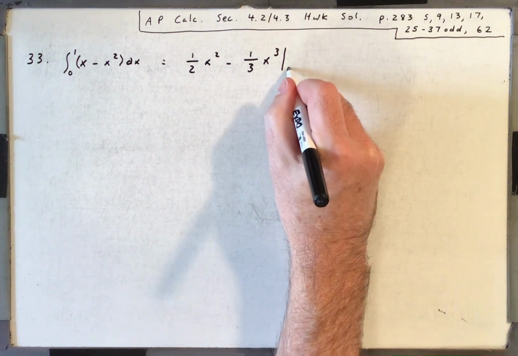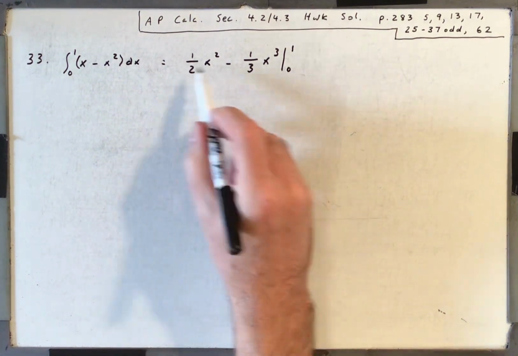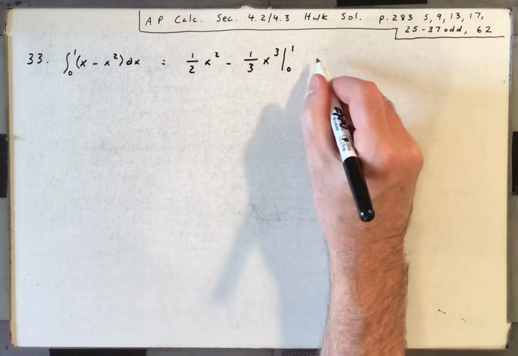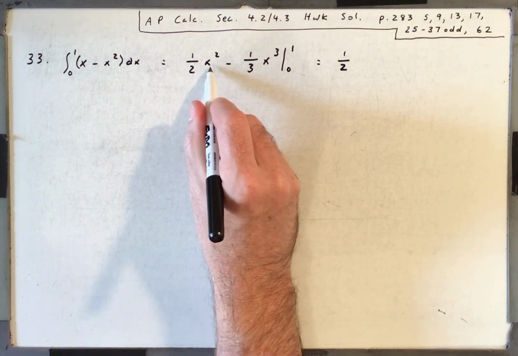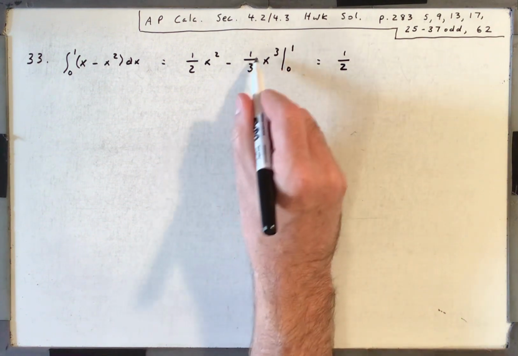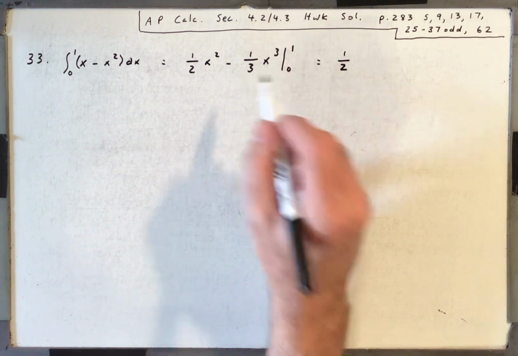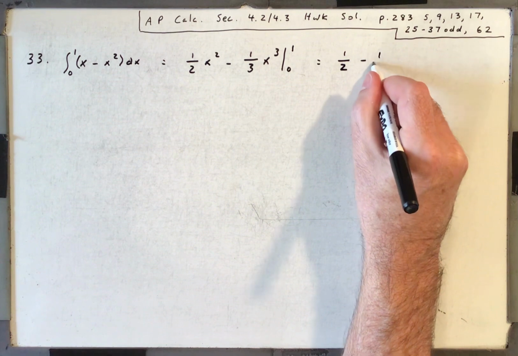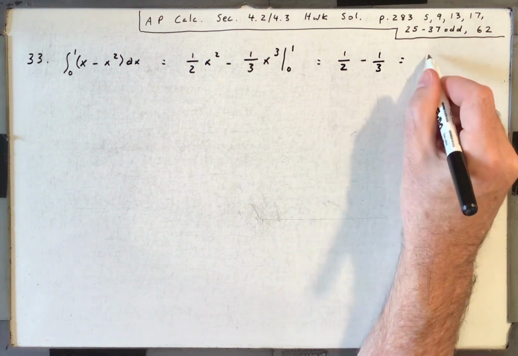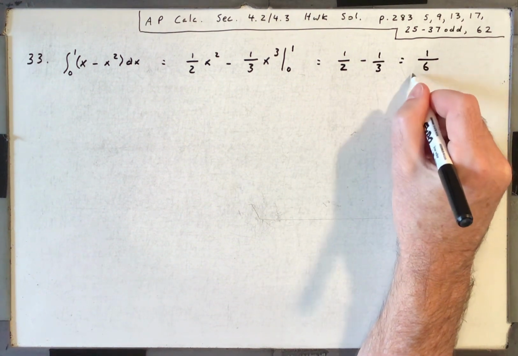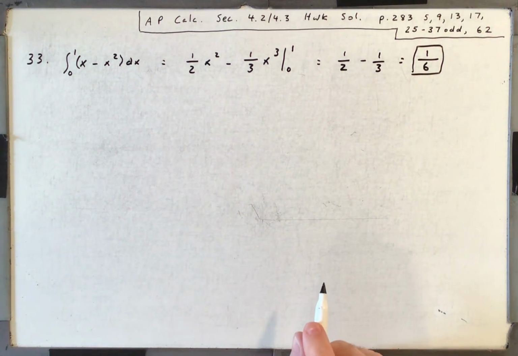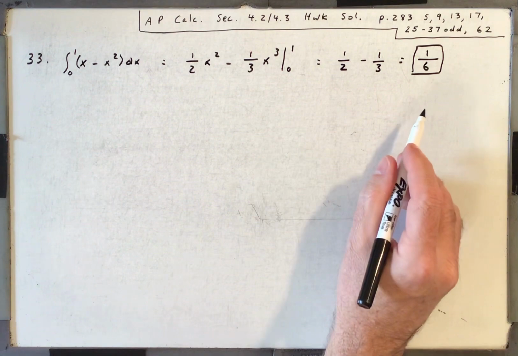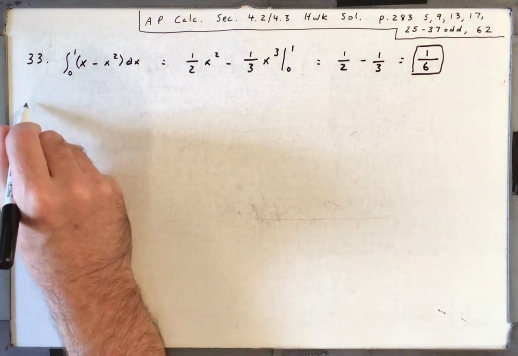And we're going to evaluate that from 0 to 1. And when we plug the 0 in, we're going to get 0, so that's cool. So this is 1/2 times 1 squared, which is just 1/2, minus 1/3 times 1 cubed, which is just 1/3. So 1/2 minus 1/3 is 1/6. So the area of that region is 1/6, and we don't know what the unit is. All right, 35.